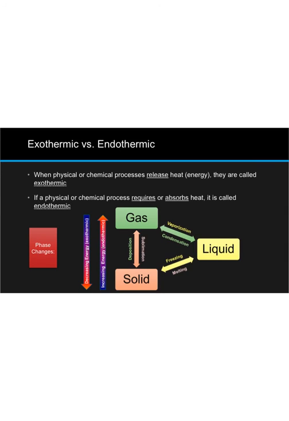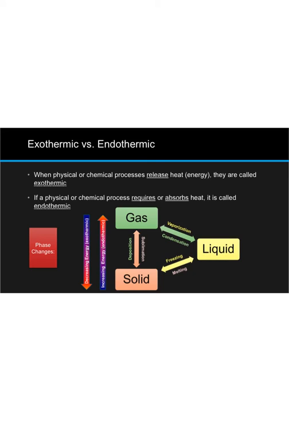Back at the beginning of the semester, we discussed phase changes and physical transformations from solid to liquid to gas and vice versa. These processes, phase changes, either require heat or release heat as they occur.